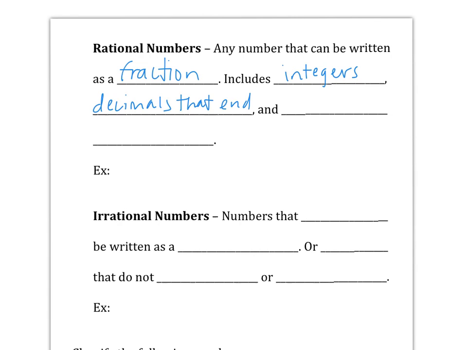Another word for decimals that end is terminating decimals, and repeated decimals. So it's kind of tricky to think about. It's decimals that end, but also decimals that repeat in a particular pattern. When I say repeat, that can go on forever, but it's in a pattern.